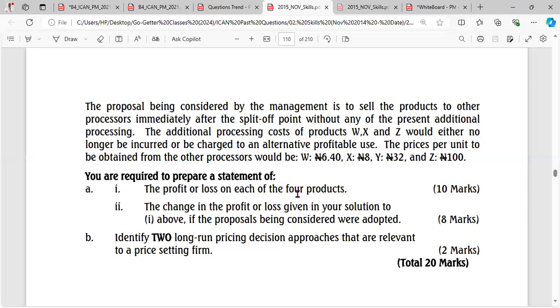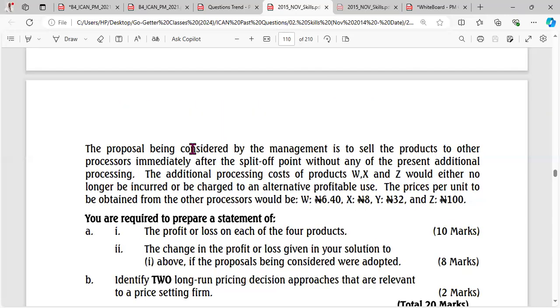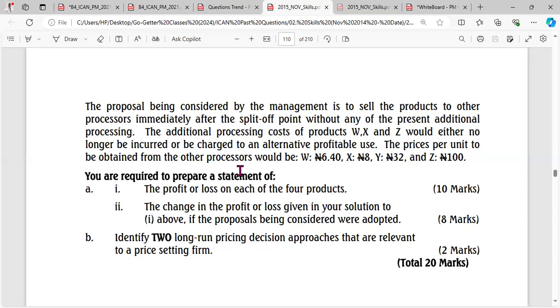So management is saying that they don't want to do further processing. They want to sell it to other processors immediately after the split off. Then they now said statement of the change in profit or loss given in your solution to one above if the proposal being considered were adopted.